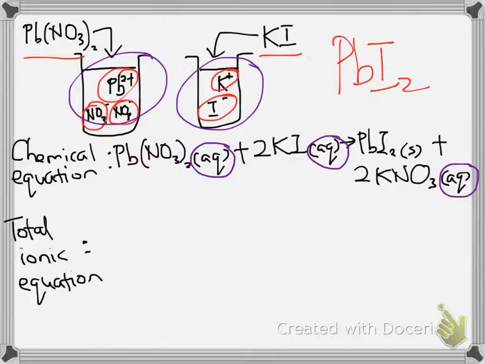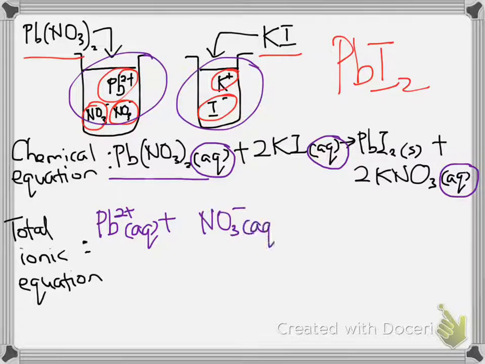So for the total ionic equation for this reaction, we will first look at lead 2 nitrate. So lead 2 nitrate will be split up into Pb2+ (aq) plus NO3- (aq).